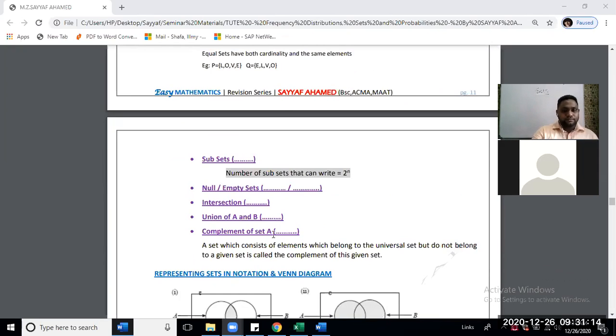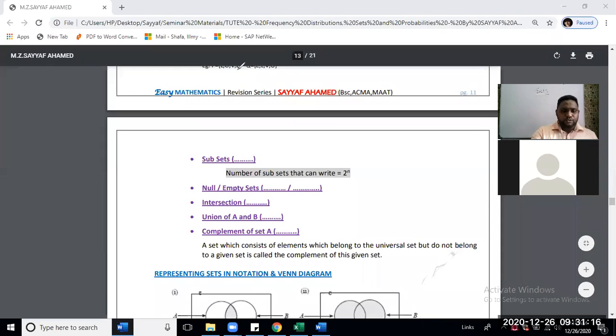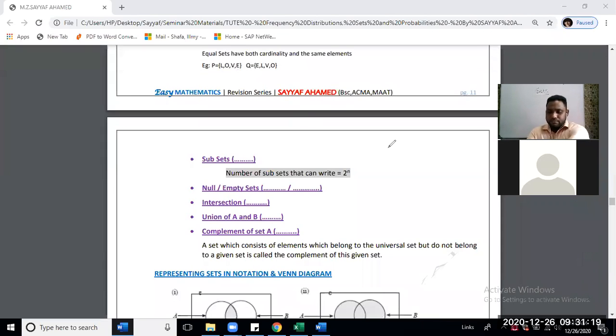So what is the notation we use for the subsets? It is a kind of a C, right? It is like a C that we use for the subsets. And if you have 10 elements in a particular set, how many subsets can you write?